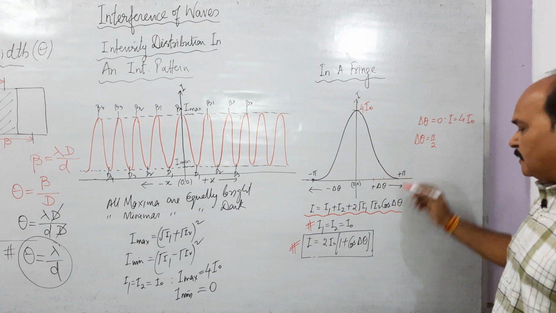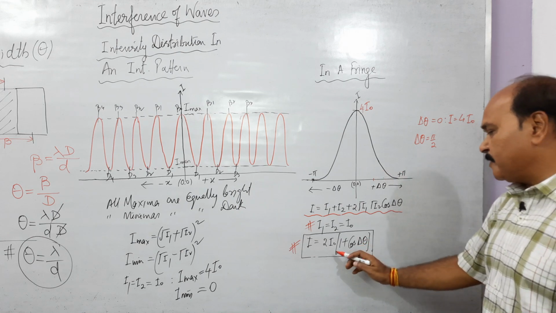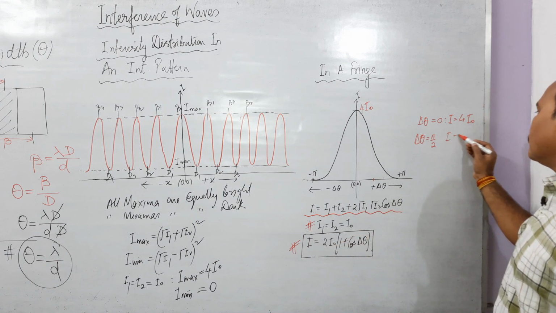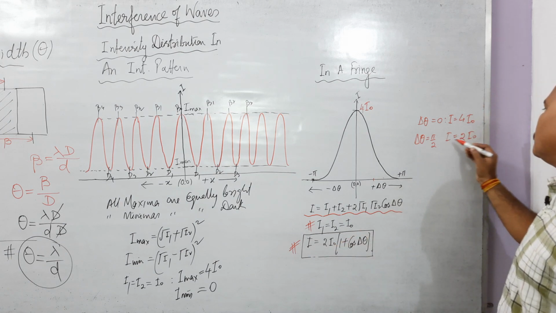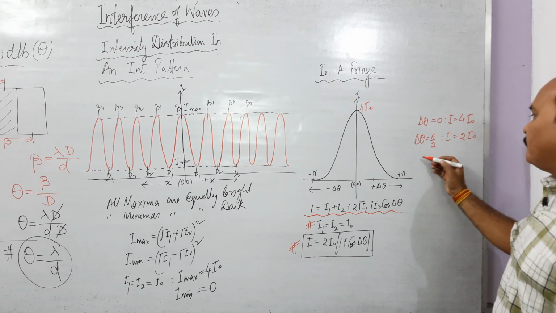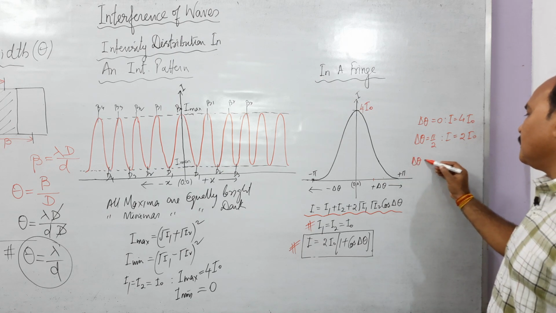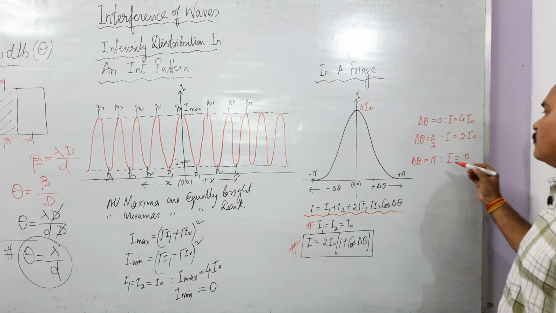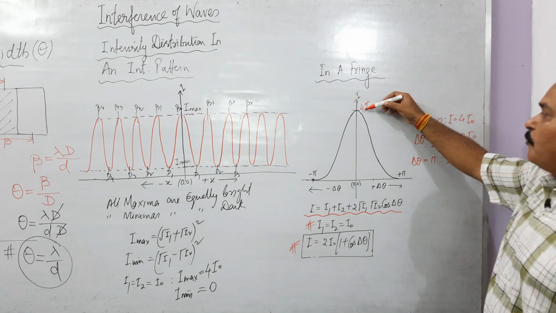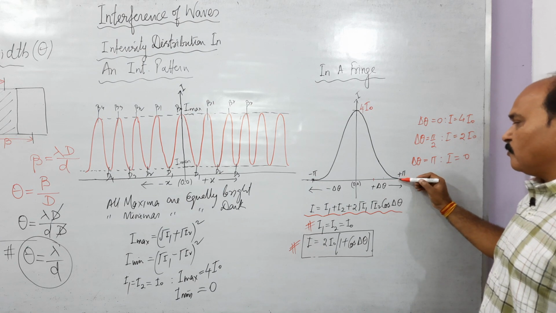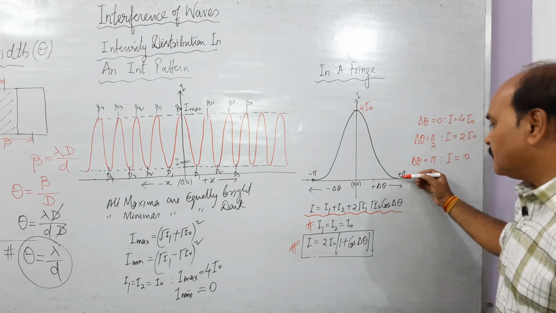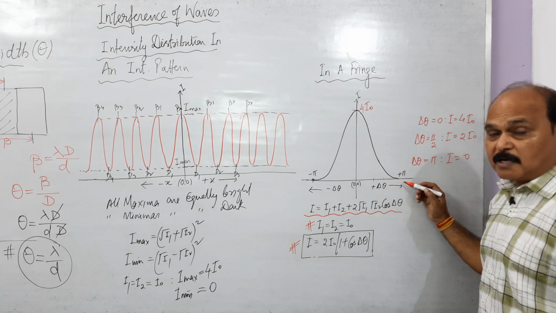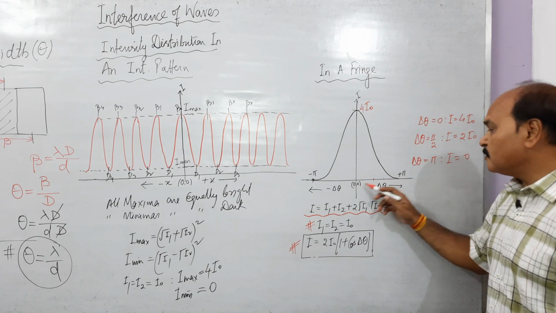When delta theta is pi by 2, cos pi by 2 is 0, so I is going to be 2 I0, and so on. If the value of theta increases and becomes pi, then I is going to be 0. So intensity varies from 4 I0 to 0 as the phase changes from 0 to pi, or as the path changes from 0 to lambda by 2.